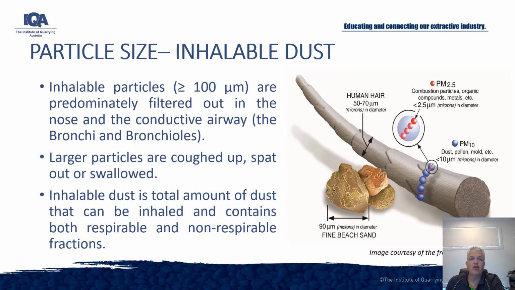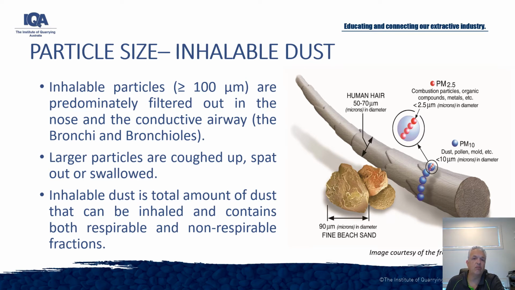If you have a look, the human hair is roughly 50 to 70 micron in diameter. We're talking about particles that are predominantly larger than the human hair. Large particles are usually coughed up, spat out, or swallowed, and don't normally cause a lot of health issues unless they contain heavy metals. But then we look at that component separately.